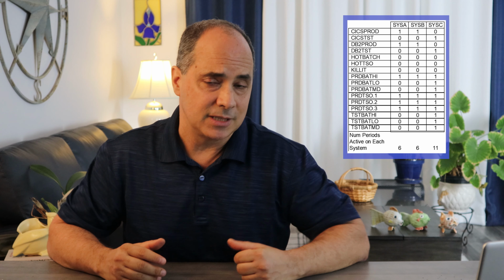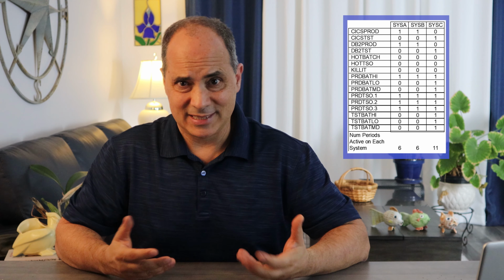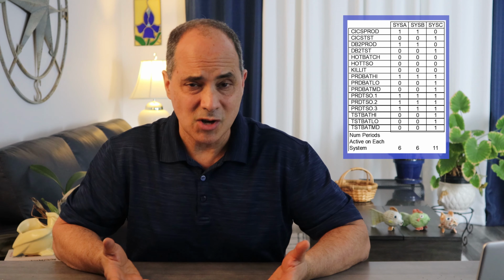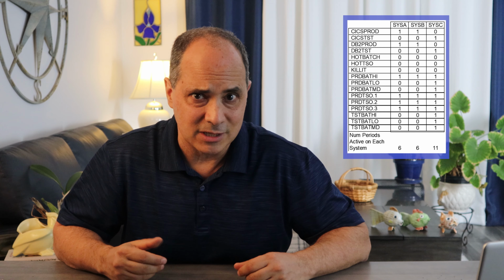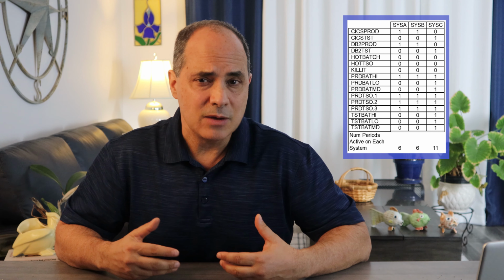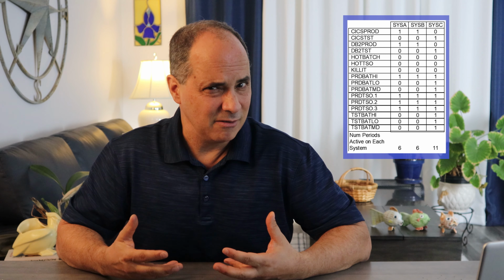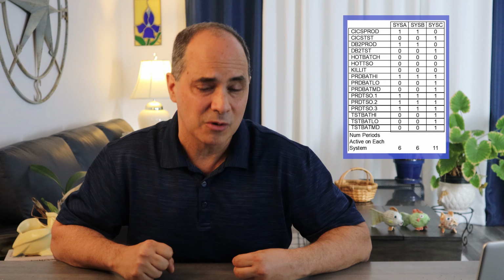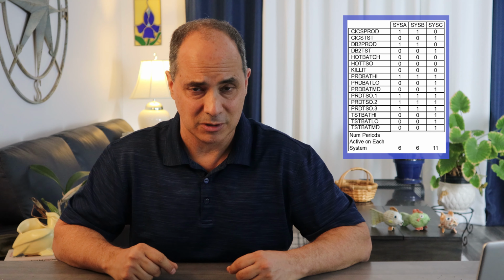Now in this particular fictitious example, I show that we have 16 defined service class periods, but notice that for one of the systems, at least of two, there's 6 active service class periods. So you see, when you count the number of active service class periods, you might actually get a much less number than the number of defined service class periods. But that's just one instance.